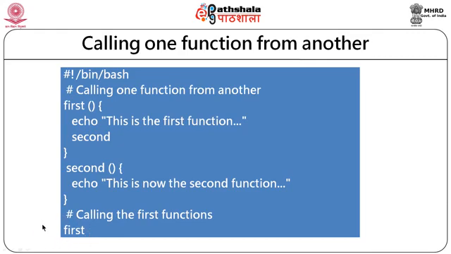So, the last statement first will invoke the first function and it will display the line that this is the first function. Later it will invoke second function and the second function will display the line this is now second function. So, one function can be invoked from another function. This is another feature provided by functions of shell scripts.